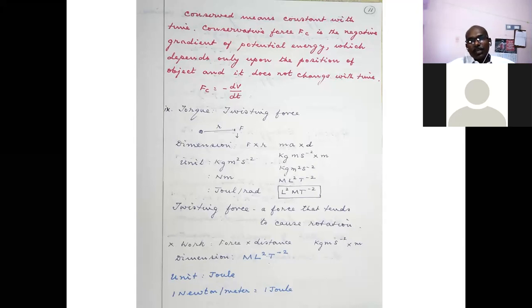The next dynamical variable is a torque. Torque is called the twisting force. Twisting force is torque. And you may be having the experience of closing or opening a nut or a bolt using a spanner.